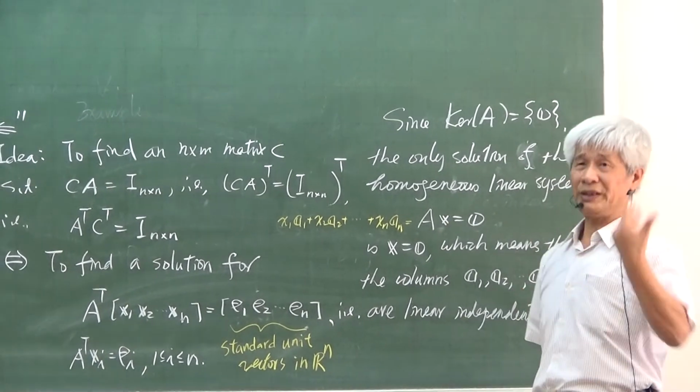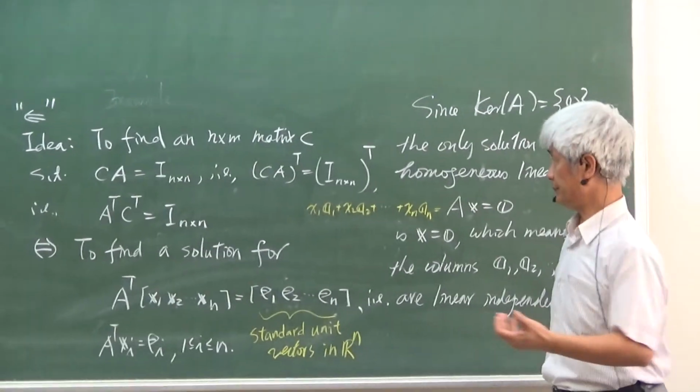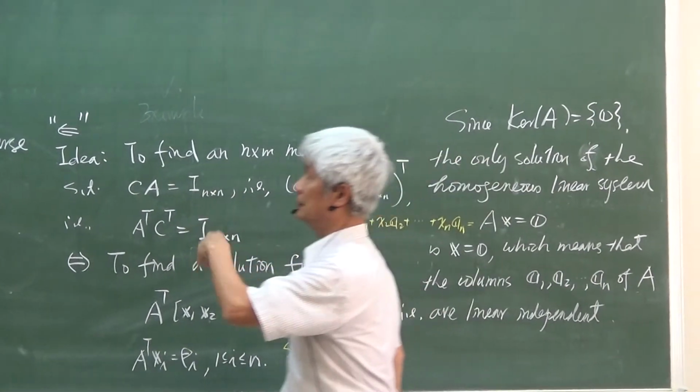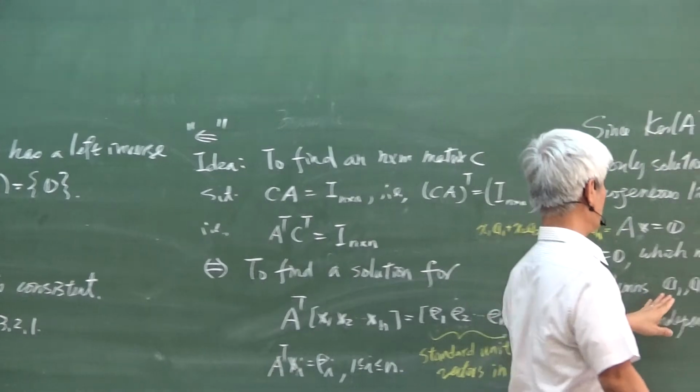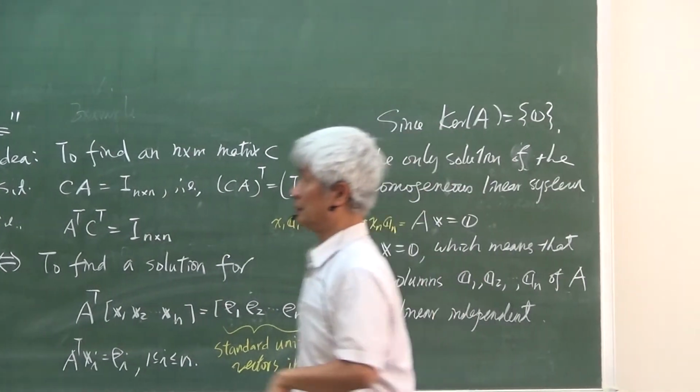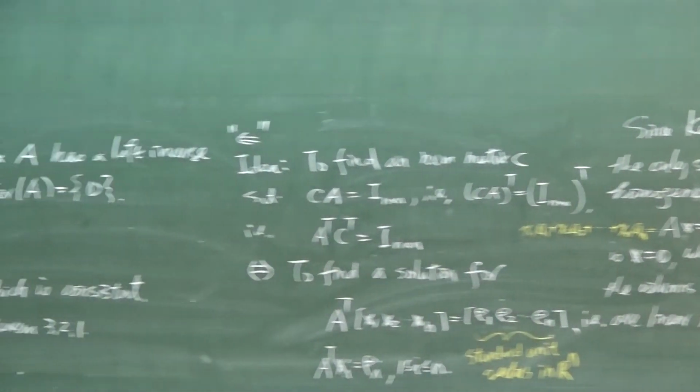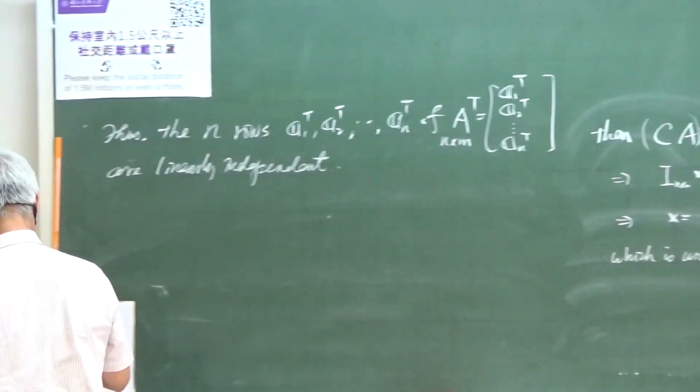Because you just take the transpose, right? So we know the columns are linearly independent, and of course the n rows are also linearly independent.